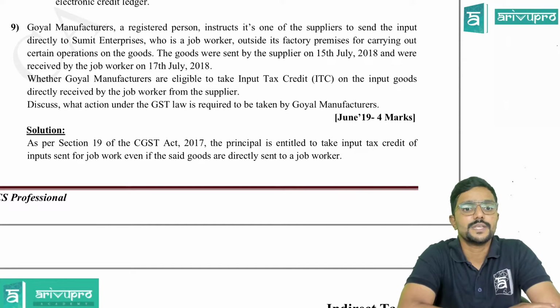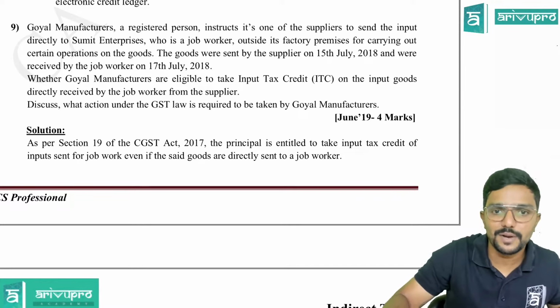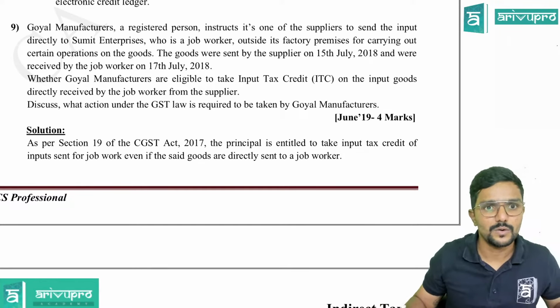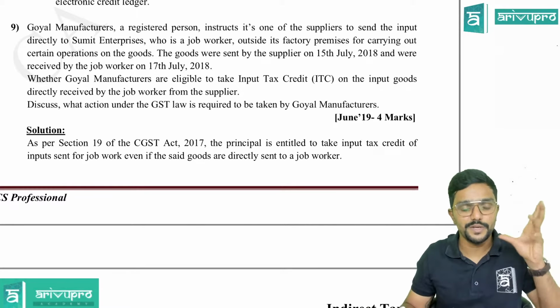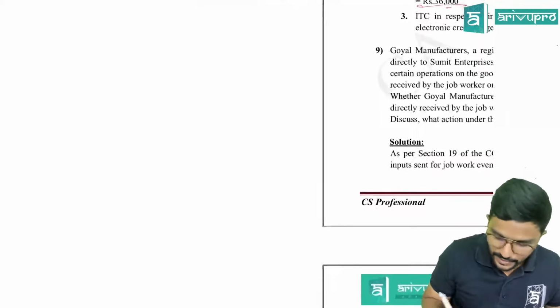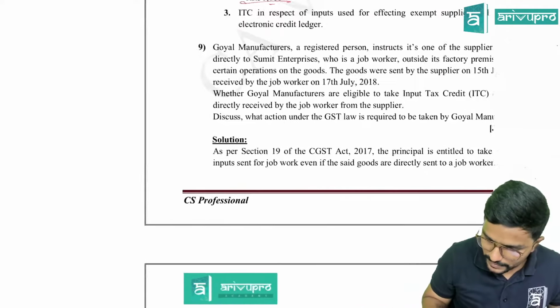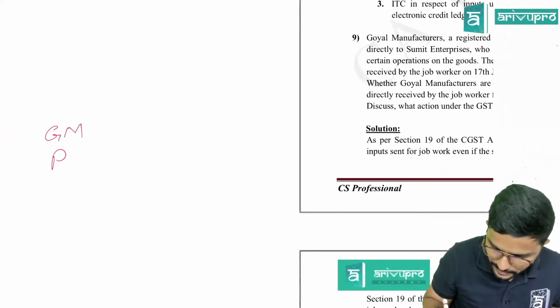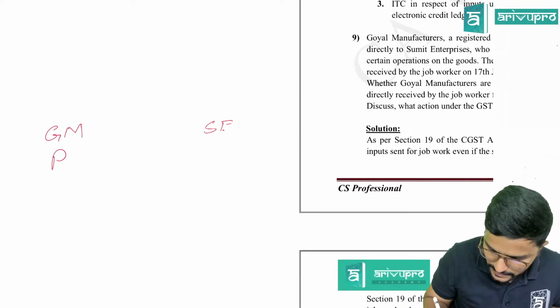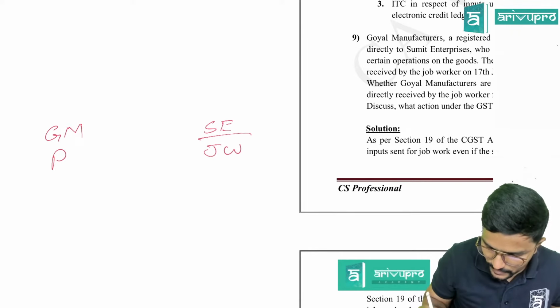Okay. Next. The goods were sent by the supplier on... Okay. So here in this case, Goyal Manufacturers is the principal. Then Sumit Enterprises is the job worker.